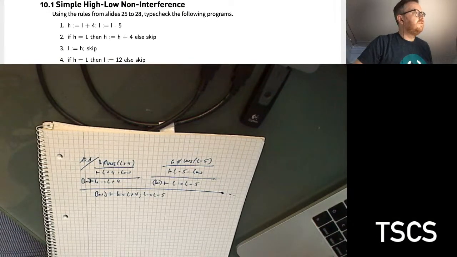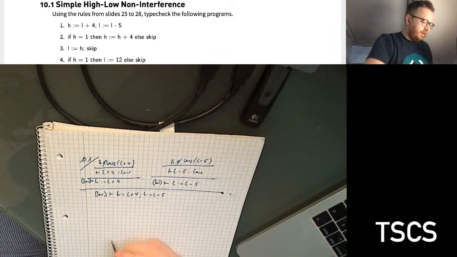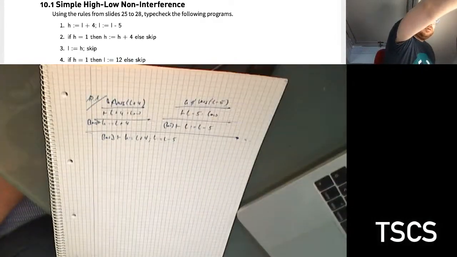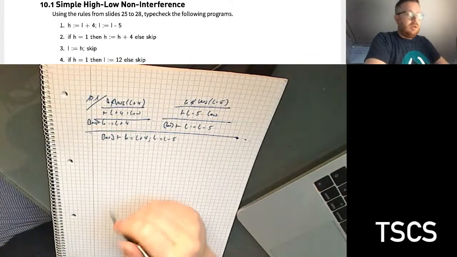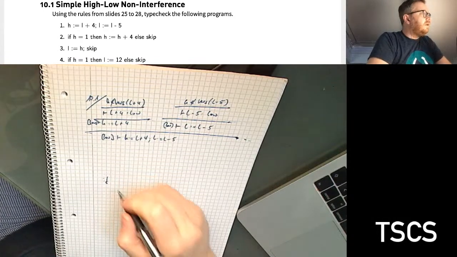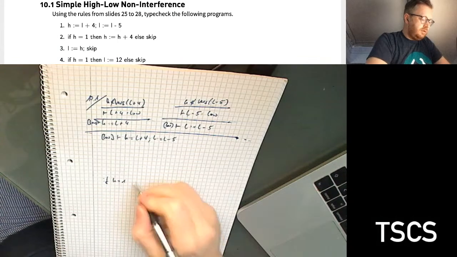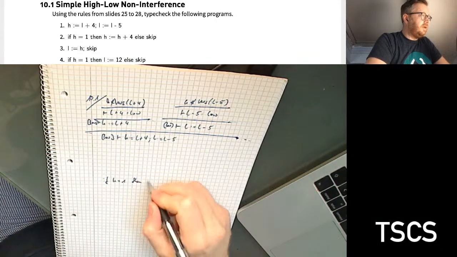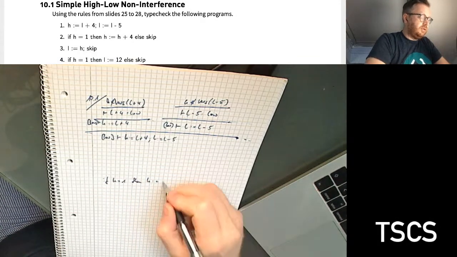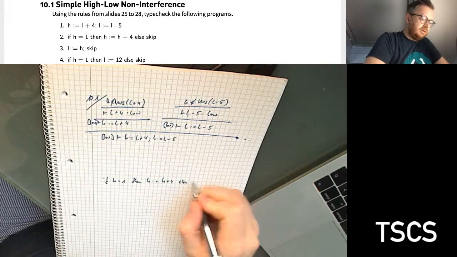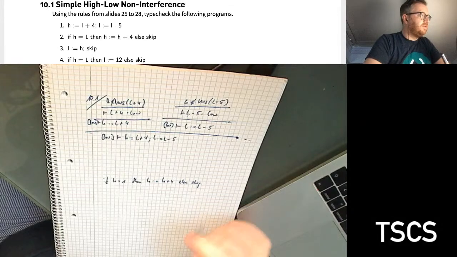Good. Let's move on to the next one right away. That was: if H equals 1, then H is assigned H plus 4, else skip. What about this one?